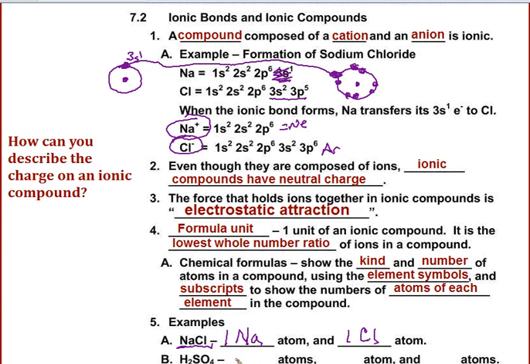Now over here we have H2SO4, which would be called, by the way, sulfuric acid. Okay, and our sulfuric acid is going to have 2 hydrogen atoms. It's going to have 1 sulfur atom, and it's going to have 4 oxygen atoms.